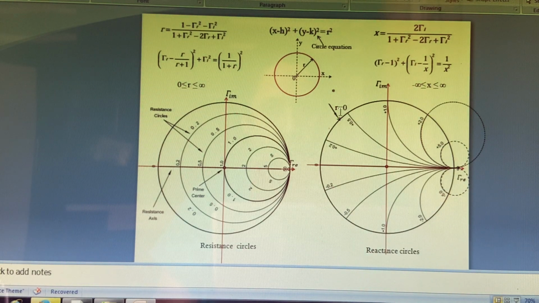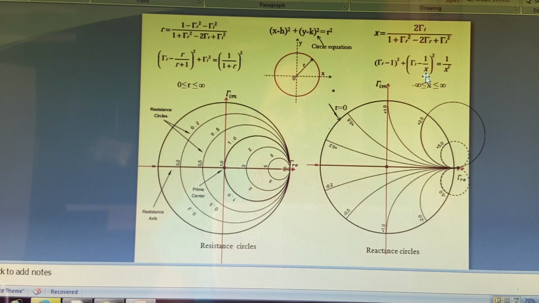If you take one more circle that goes beyond r is equal to 0, that is negative resistance. On the Smith chart we have only the r is equal to 0 circle as the last circle. So here the reactance circle forms a circle.